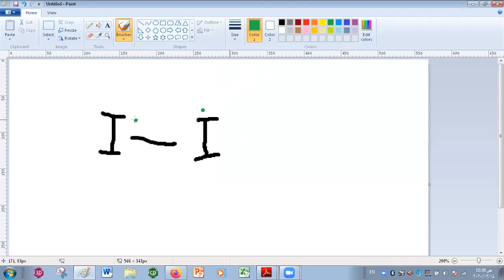That means both of them are equal. You will say to me the total charge for this molecule will be zero, and this molecule is nonpolar.